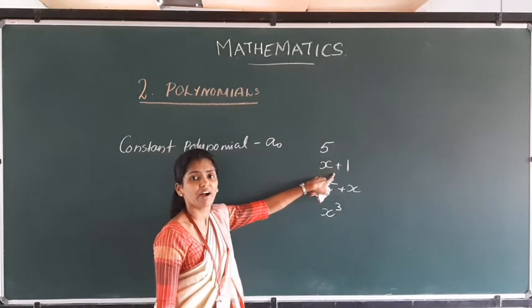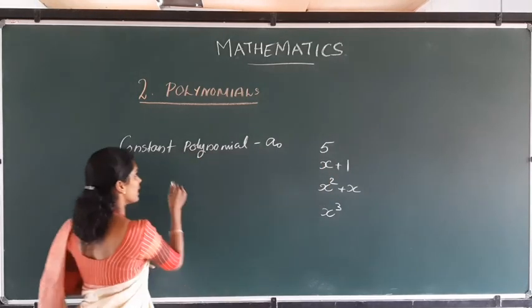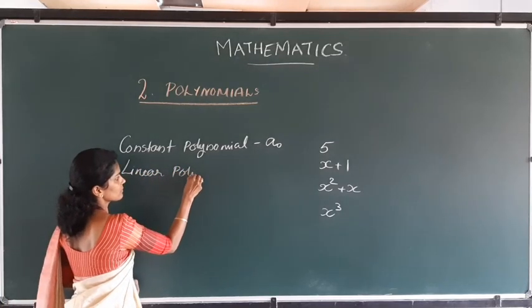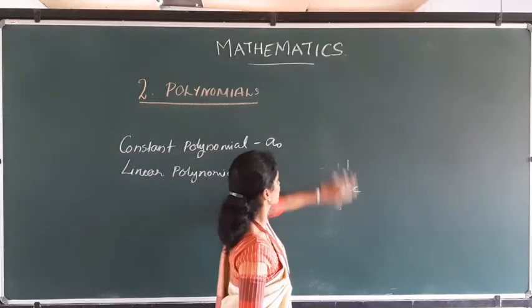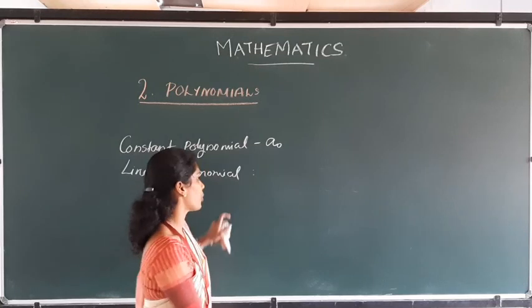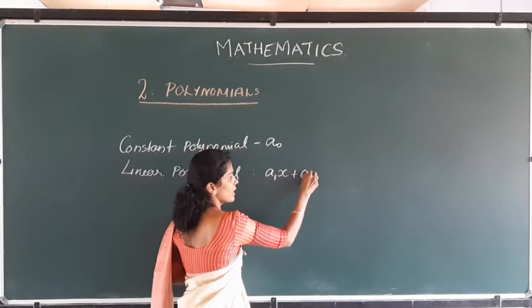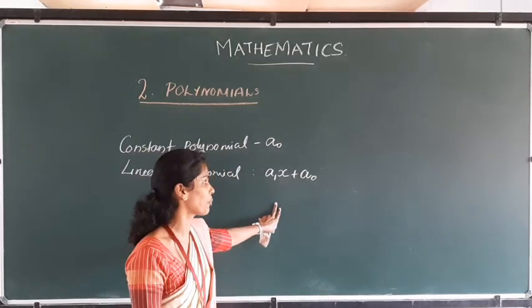Then degree 1, linear polynomial, general form of linear polynomial. General form of linear polynomial is a1x plus a0. This is the general form of a linear polynomial.